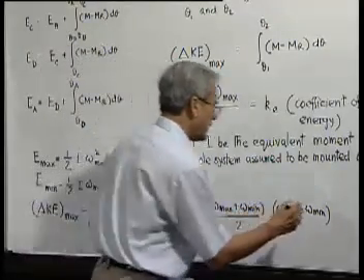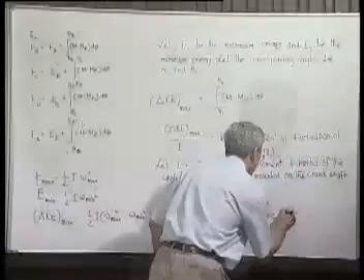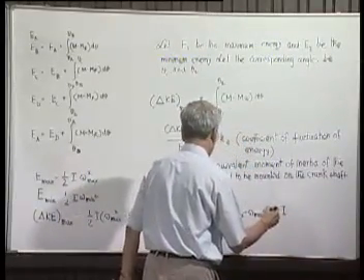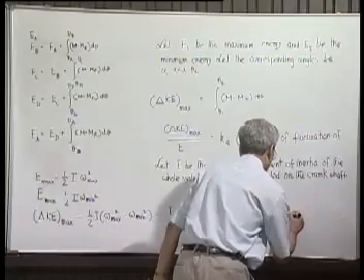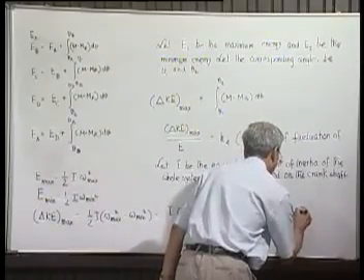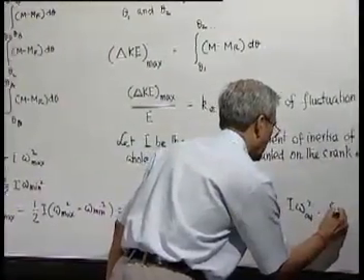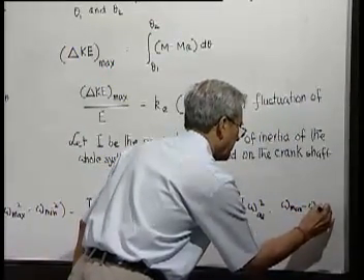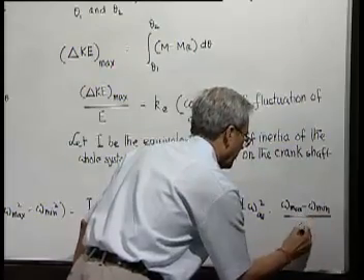So, we can write this as I omega average square into omega max minus omega mean by omega average.